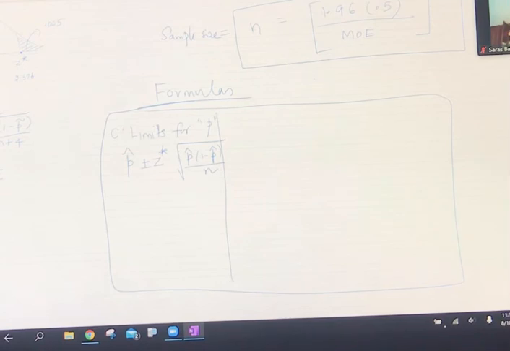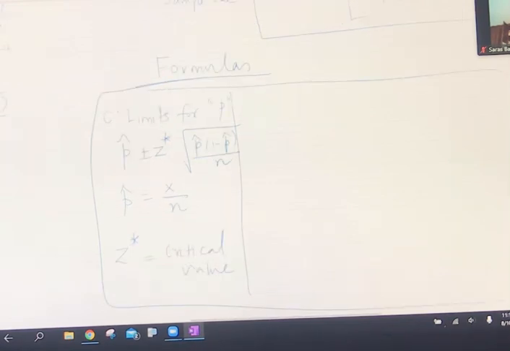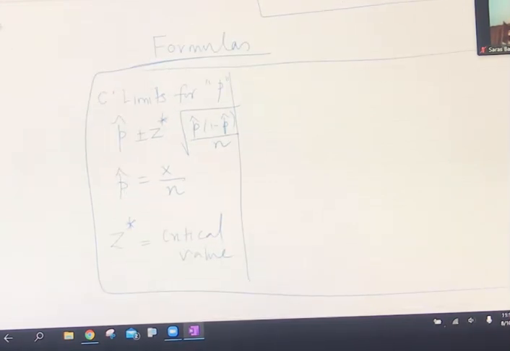All right, and P hat is equal to x over n, which is the number of individuals possessing some particular characteristic over the sample size. And I am going to write what is the Z star. The Z star is going to be the critical value, the critical value for various confidence levels, for the desired confidence level.